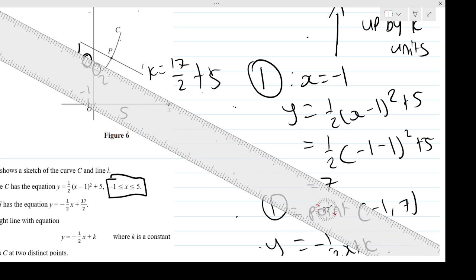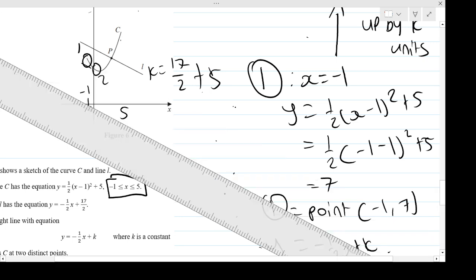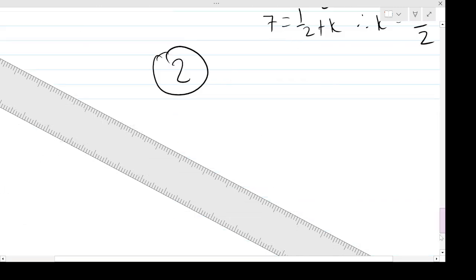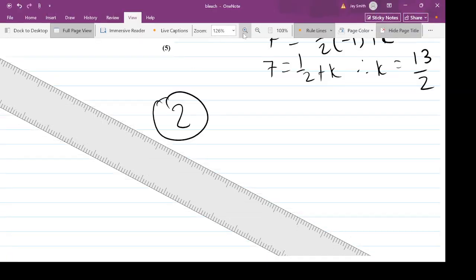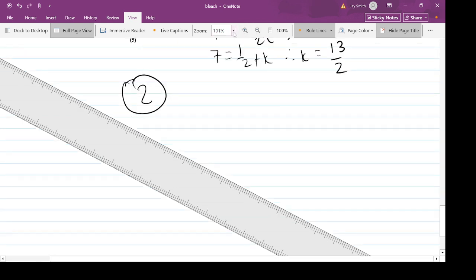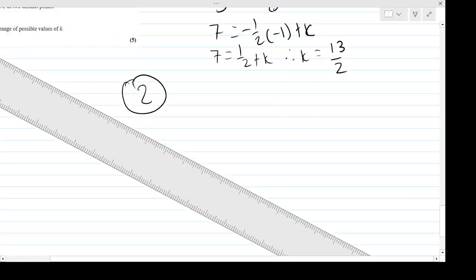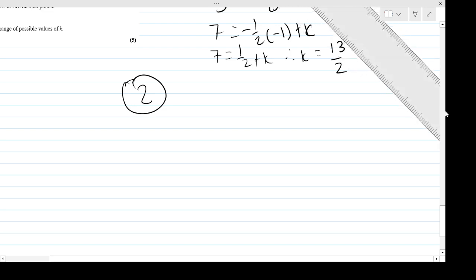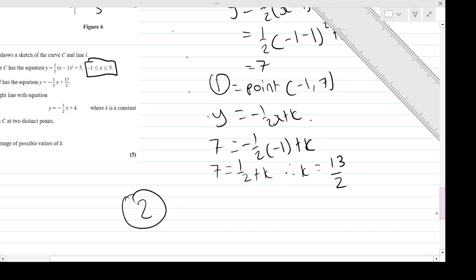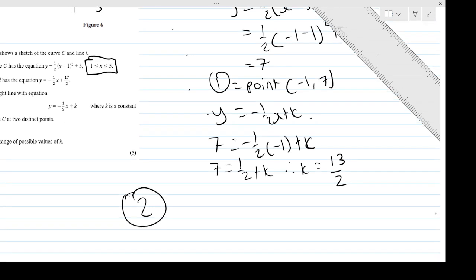So let's do that then. Let's zoom out a little bit. There we are, I'll leave that there. So the discriminant, but what quadratic is it? Well, we're not going to just take the quadratic of the curve and do the discriminant.